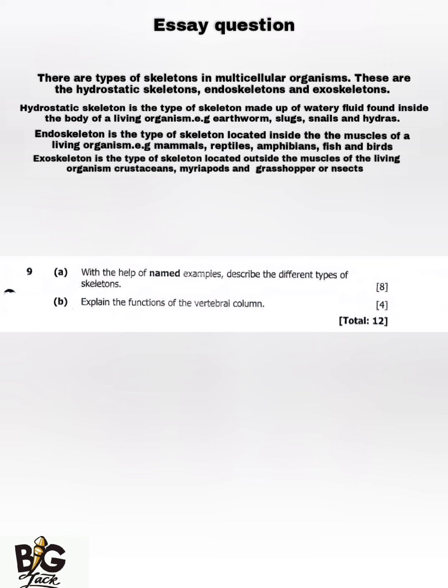Question B is saying, explain the functions of the vertebral column. The vertebral column is also known as the spine. They are asking you to write the functions of the backbone or the spine. The bones that make up the vertebral column, or the spine, are called vertebrae.